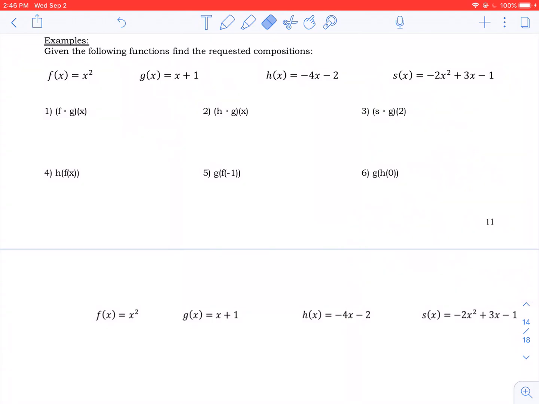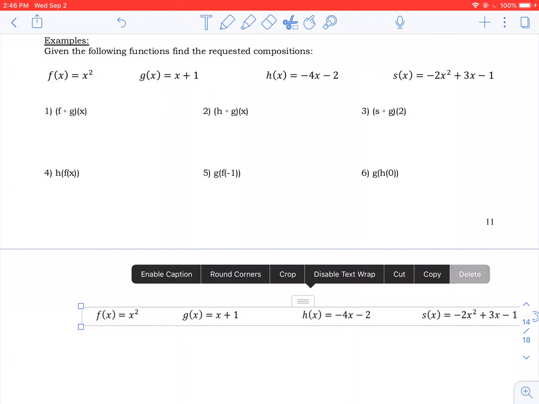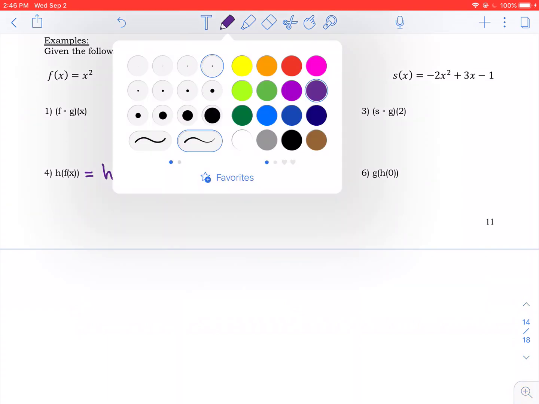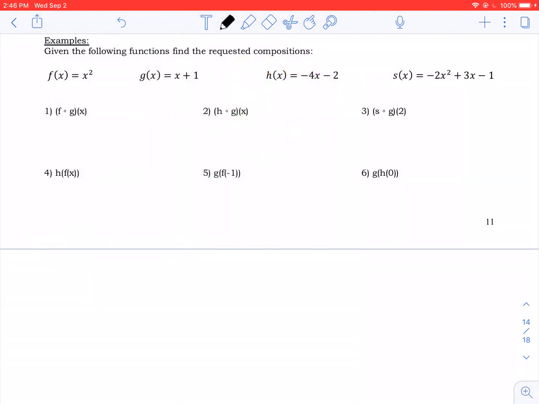What's h of f of x? H of f of x. H of f of x is h of x squared. To find h of x squared, you're taking whatever's in the parentheses and plugging it in for x.